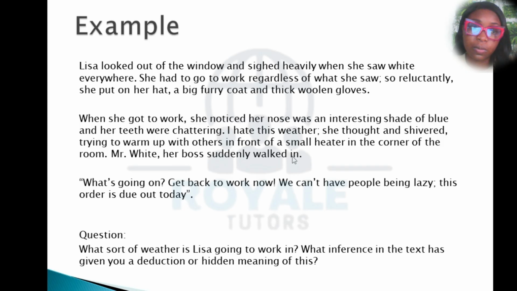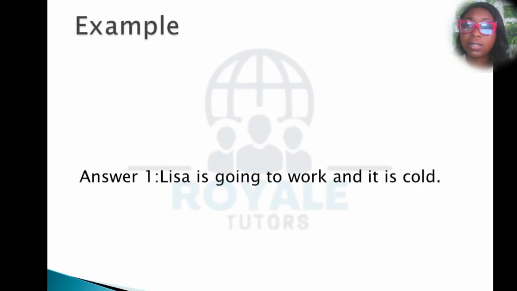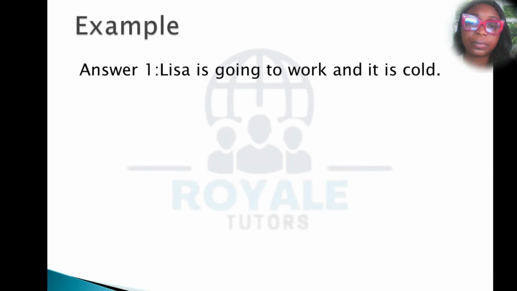Because you need to answer this question, you look out for clues. There is she saw white, there is white everywhere, there is teeth chattering, and so on and so forth. So you need to look out for clues.